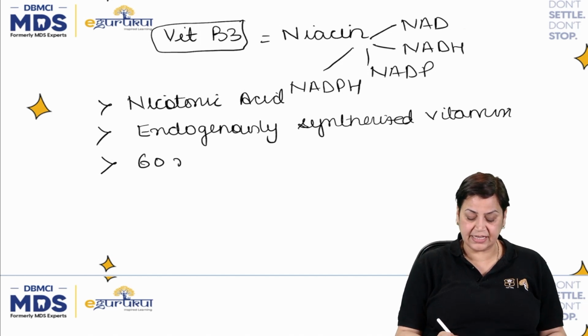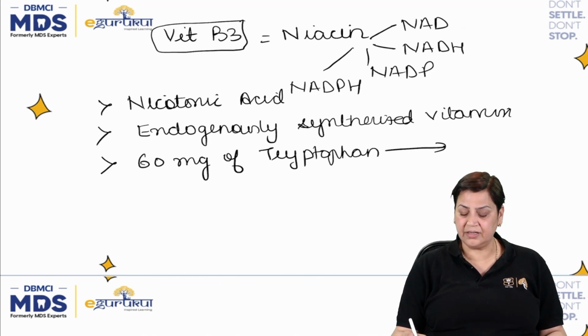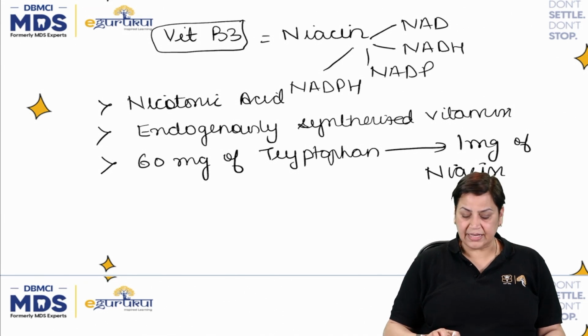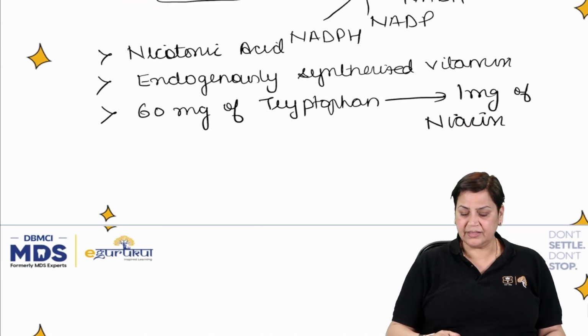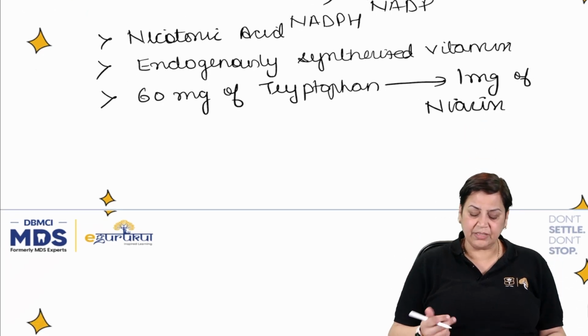So we can say that 60 milligram of tryptophan is required to produce 1 milligram of niacin. And if we talk about the active forms, what can be the functions?